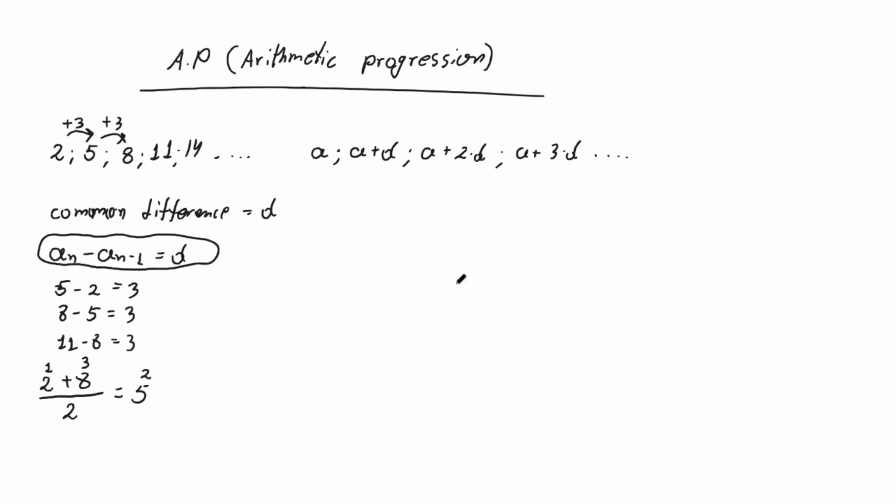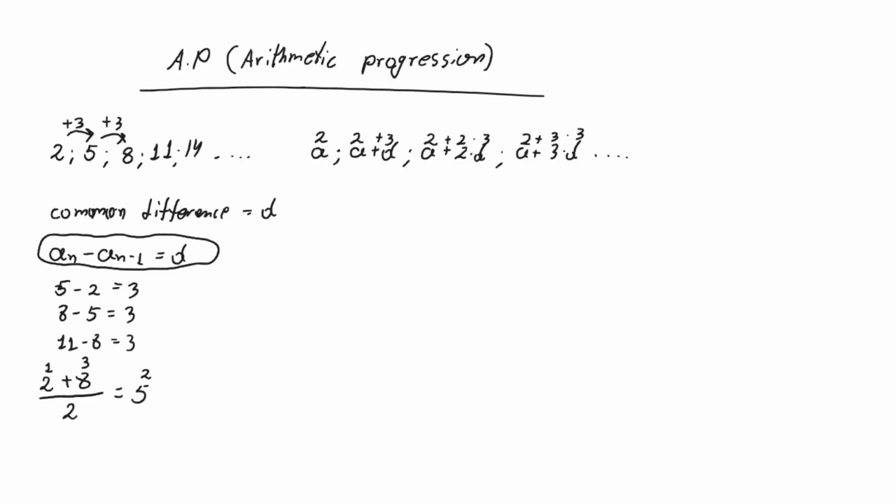Like, in our sequence, it's 2, 2 plus 3, 2 plus 2 times 3, and 2 plus 3 times 3. So it's literally the same, but it's written in formula style.